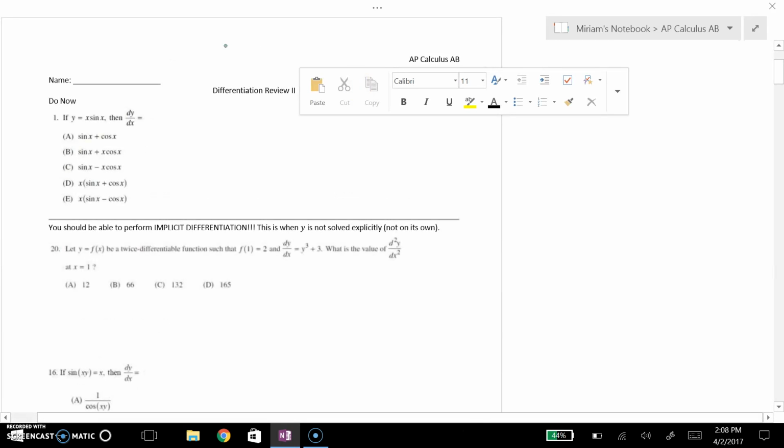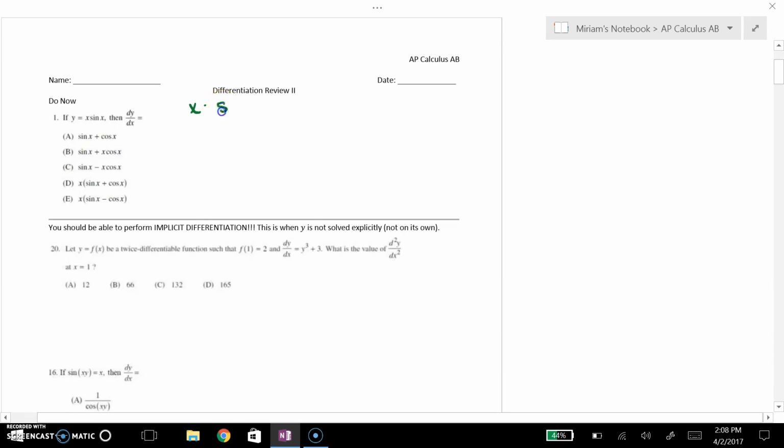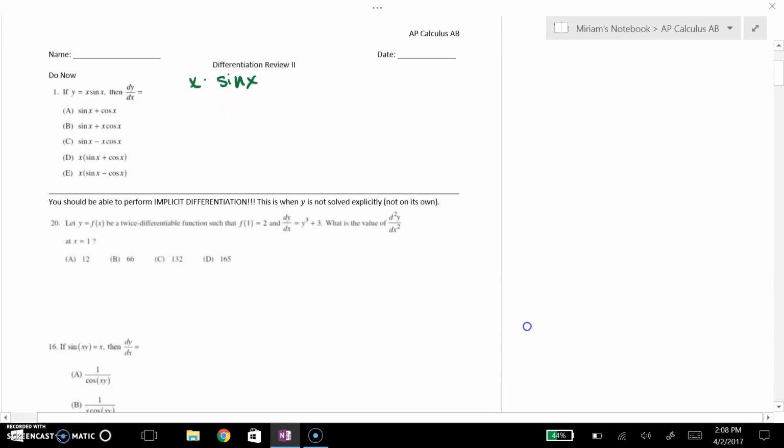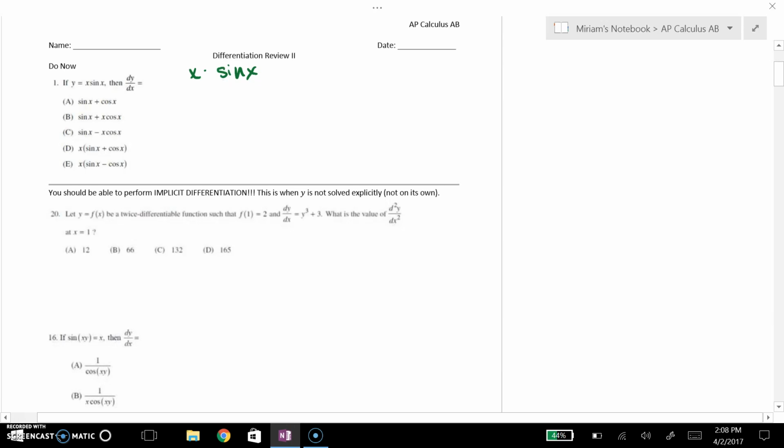Okay, so I see that the function here is x times sine of x. When I'm multiplying two functions and I need the derivative, I need to use the product rule. So I'm going to split this up to f and g, and I need f prime and g prime.